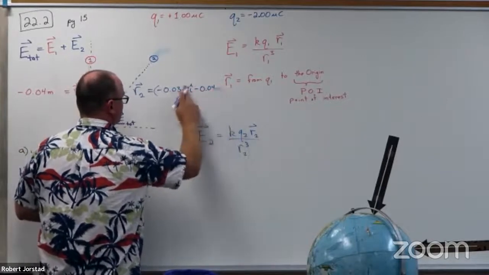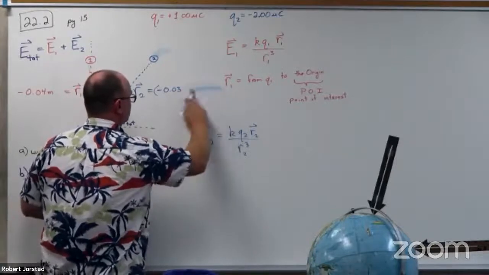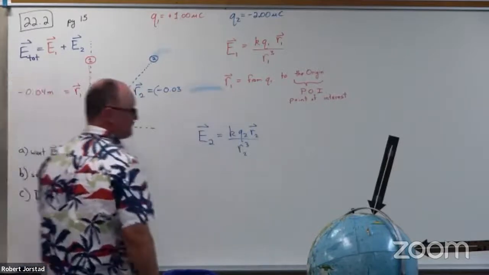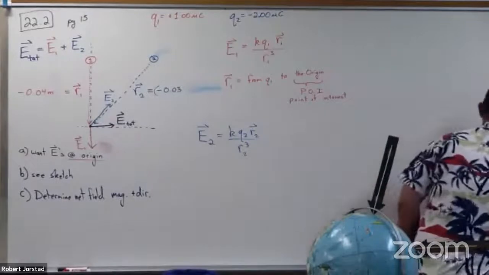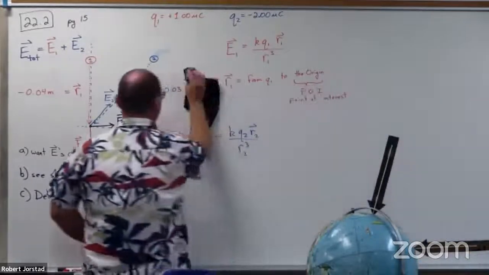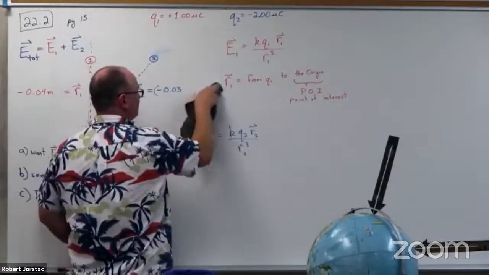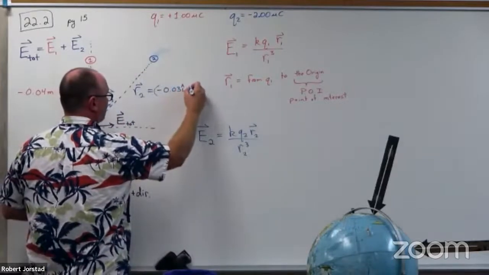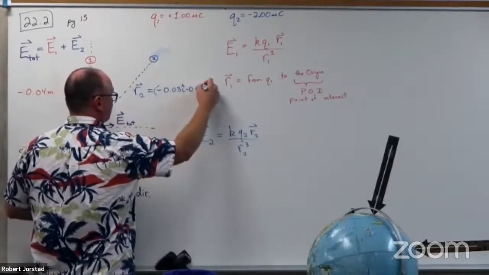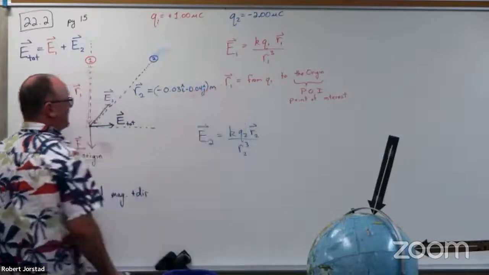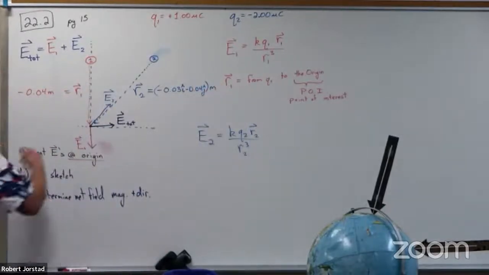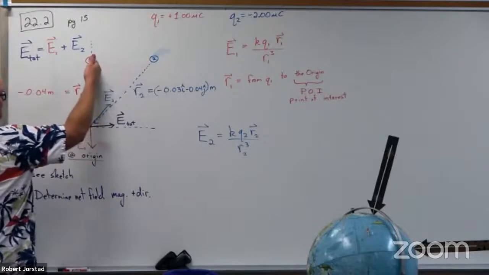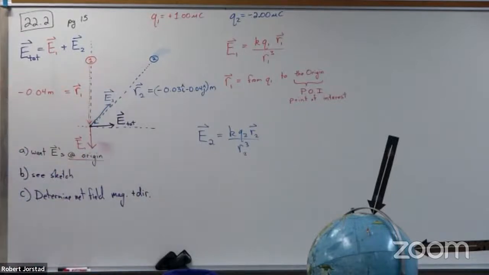Let's put the meters out at the end so I have enough room. So this one is going 3 centimeters left, 4 centimeters down. And so there's our 2 R vectors.